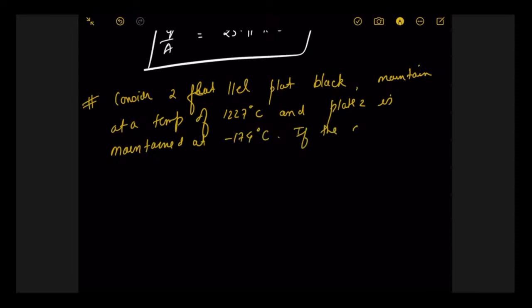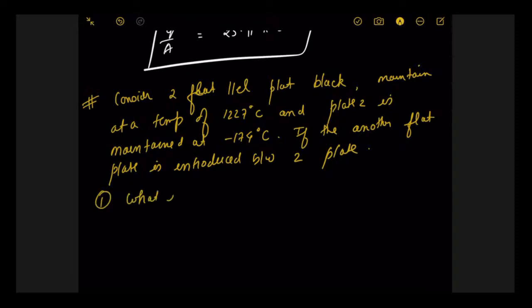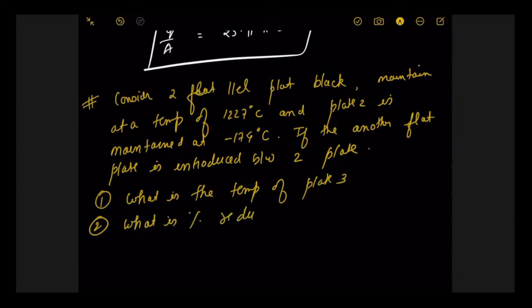If another flat plate is introduced between the two plates, you have to calculate what is the temperature of plate 3. What is the percentage reduction in heat transfer? Solve this.